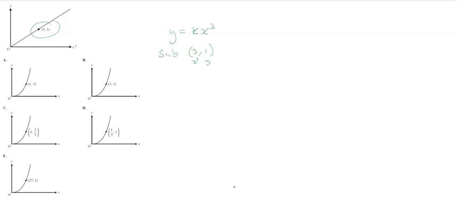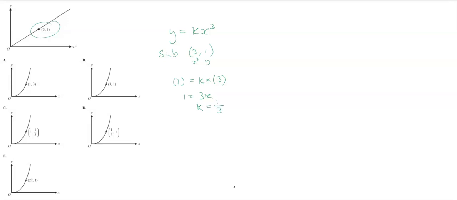So it becomes 1 equals k times 3, not 3 cubed, because it already represents x cubed, so we replace this whole part. So 1 equals 3k, and therefore k, if we divide through by 3 on each side, is equal to 1/3.